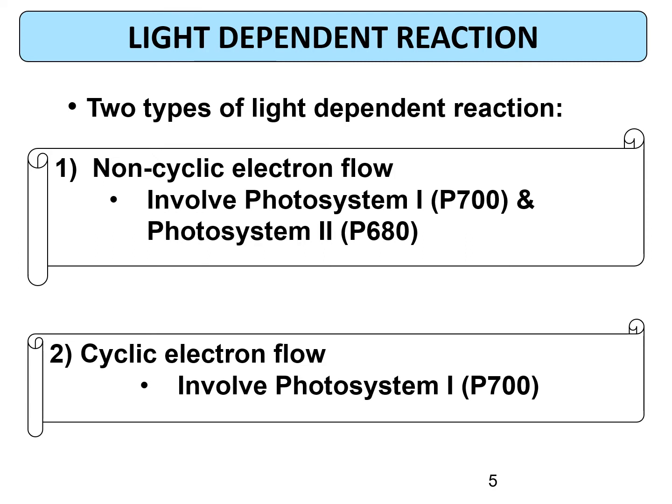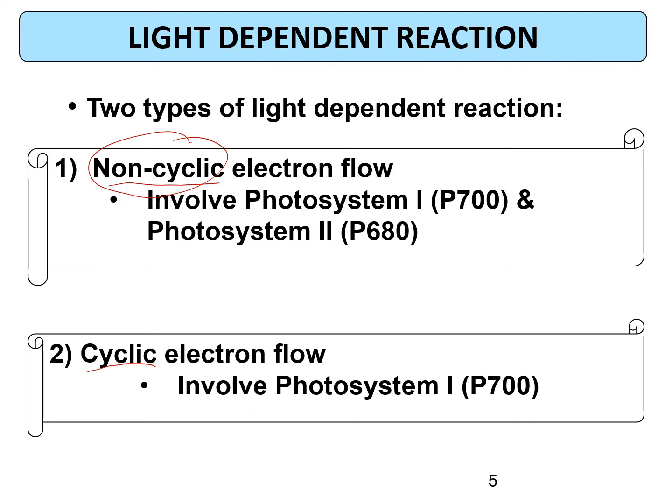There are two types of light-dependent reaction. There will be non-cyclic electron flow. Non-cyclic means it does not use the same molecules that it started with. And then we have the cyclic electron flow, which means that it uses back the substance, the molecule, that it started with.